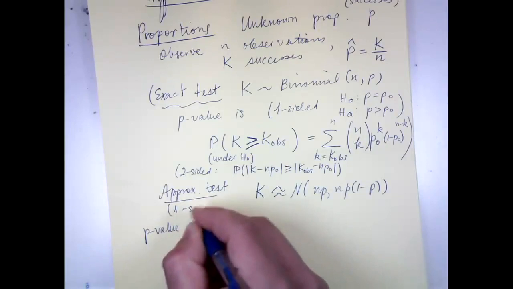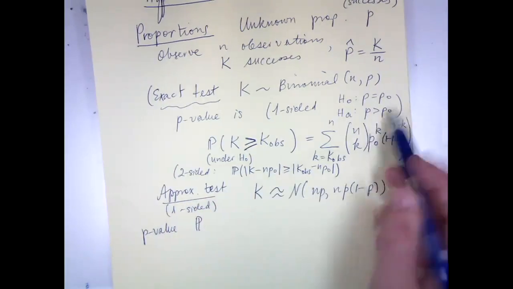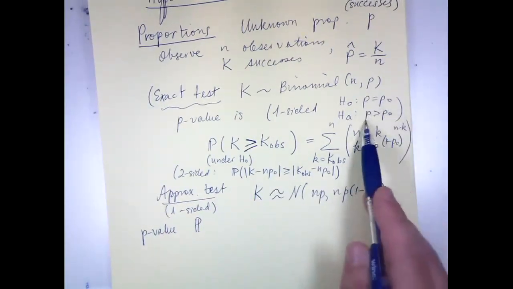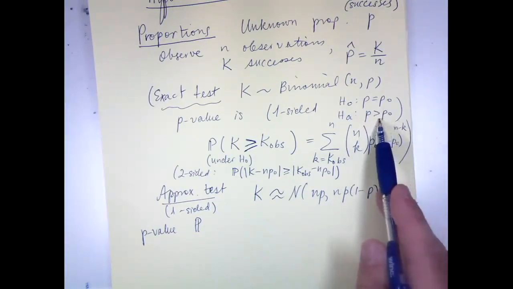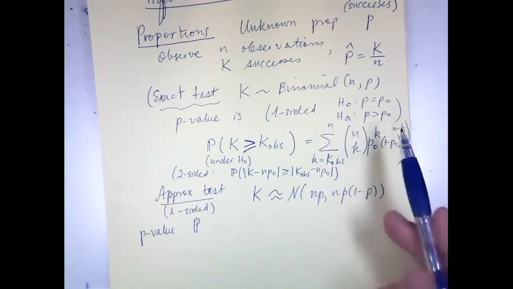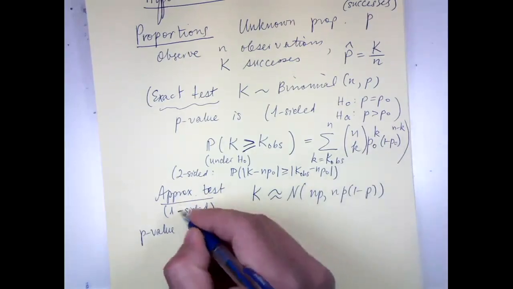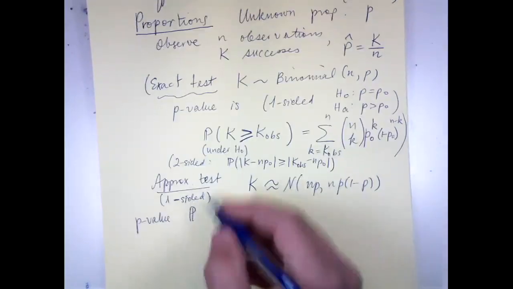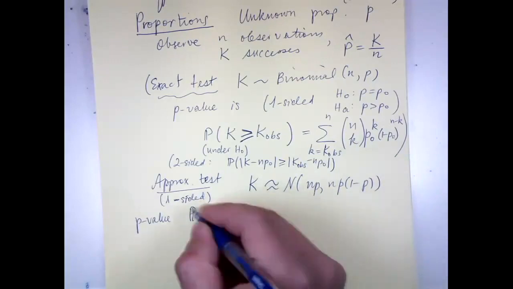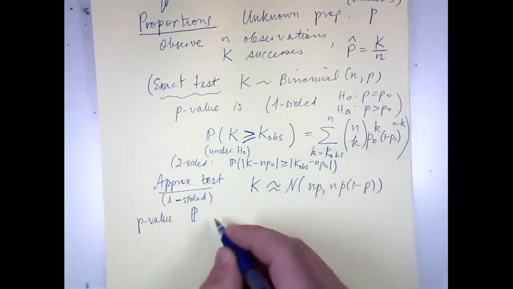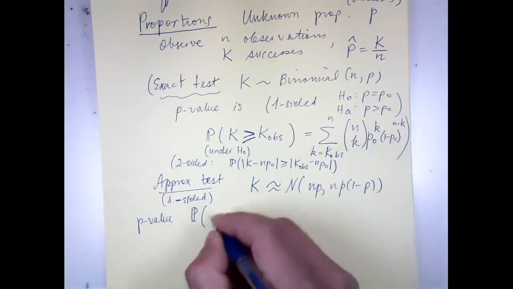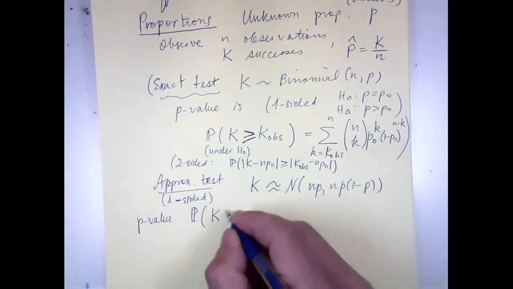I have been doing the one-sided test, you could call that a right-sided test for p greater than p0. The left-sided is the same with inequalities reversed, so I'll let you do the corresponding things for that. But I'm doing the one-sided, in that case, where it's a right-sided test. The p-value is the probability that k is greater than or equal to k observed.